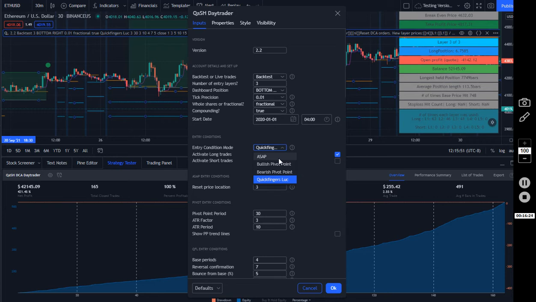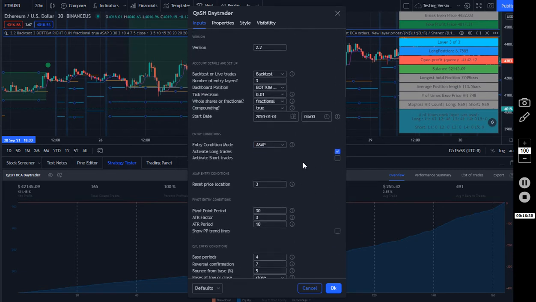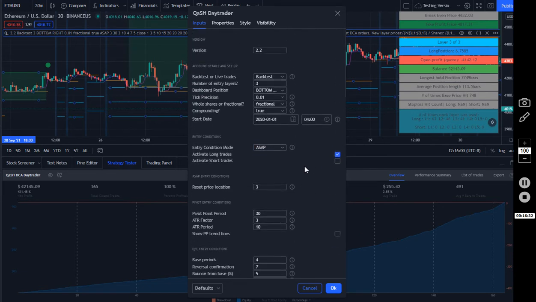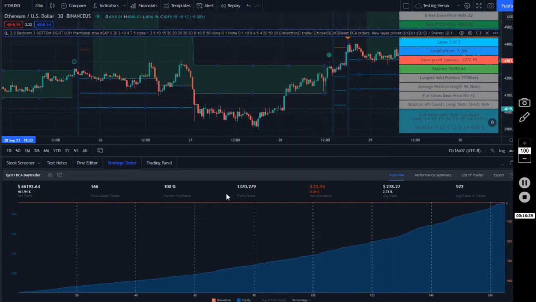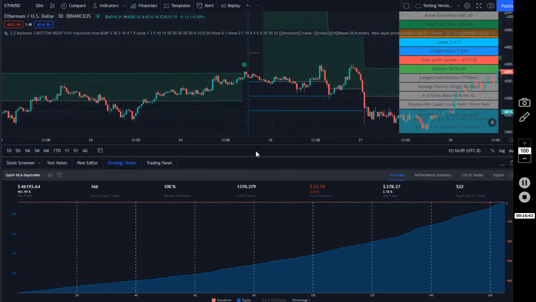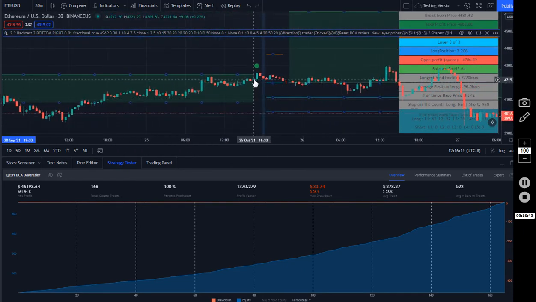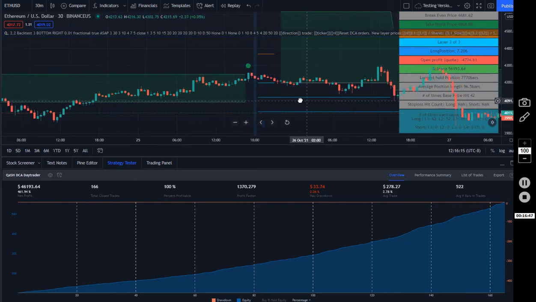bull market bias settings. So I'm going to set this to ASAP, which means it's no longer going to create bases and place orders below the base. Instead, what it now does is it takes profit, and then exactly 2 bars later it starts a new trade.